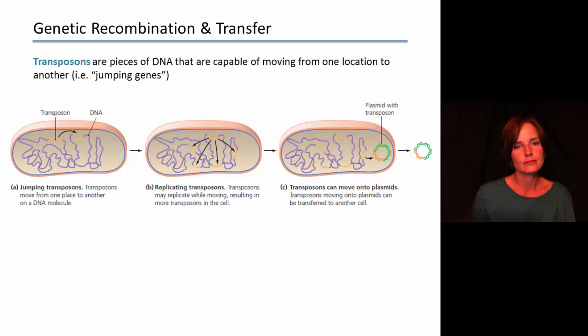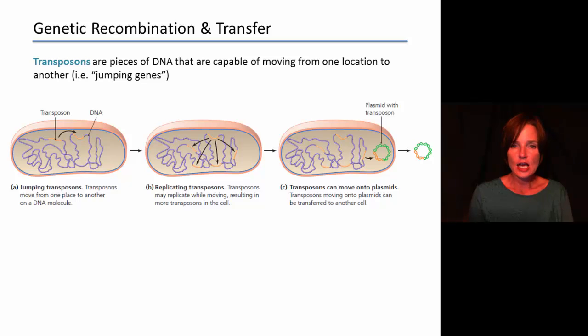One final way of getting some alterations in the DNA that we do want to cover here is with the use of transposons. Transposons are pieces of DNA that are capable of moving from one location to another. And sometimes they're commonly referred to as jumping genes.